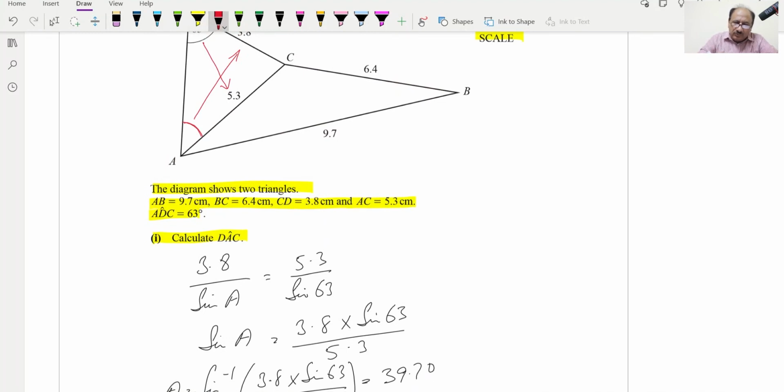Angle ABC is which one? This is the angle, and for this triangle we have everything, we have all three sides, and we can use cosine rule if we are given all three sides.